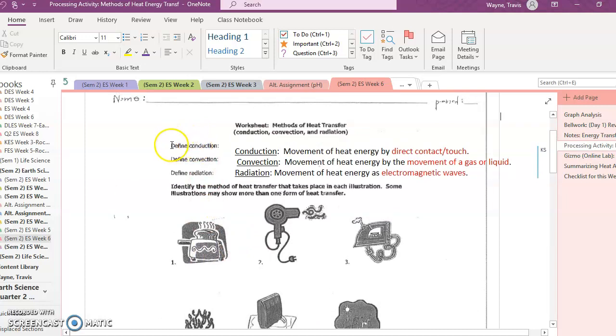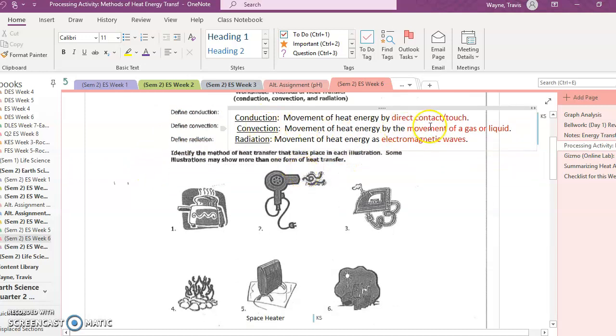As a reminder, you have your definitions for convection, conduction, and radiation. Conduction is direct touch or contact. Convection is the movement of gas or liquids through heating, so most of the time that's where you see warm air rise, cold air sink.